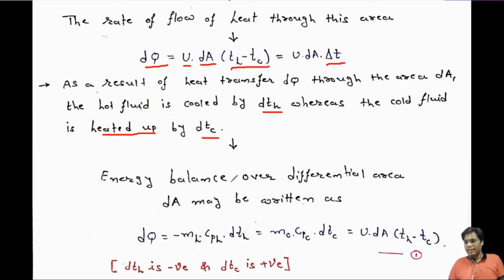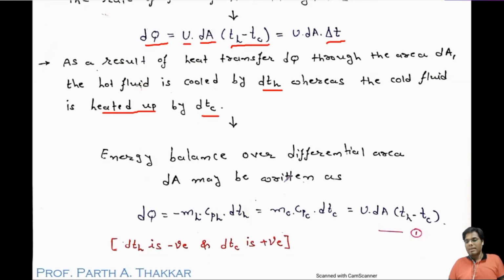So the energy balance equation over the differential area can be written as dq equals m Cp dT. For the hot fluid it is mH, CpH and dTH, and for the cold fluid it is mC, CpC and dTC.